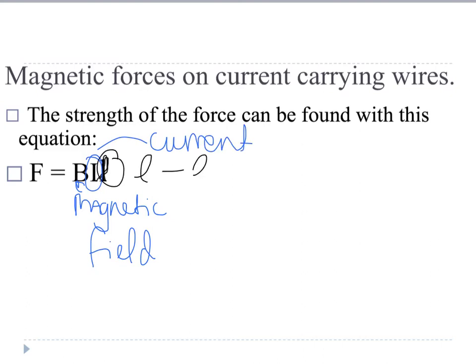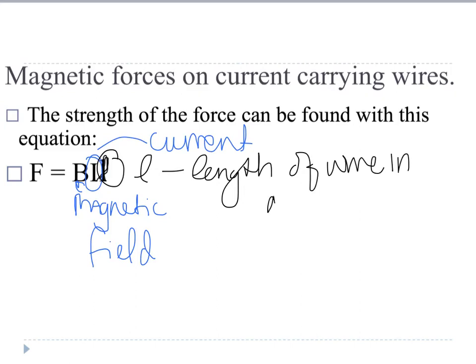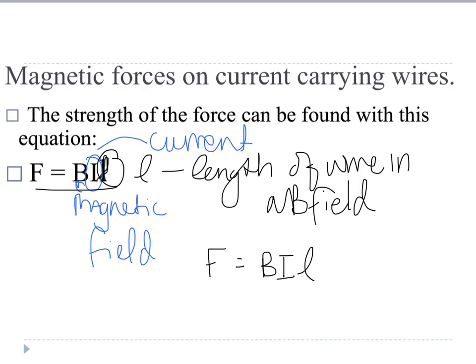That is the length of the wire that's in the magnetic field. You'll get a chance to practice this equation in class. Just to summarize again, it's F equals B, I for current, and then L for length of wire in the field.